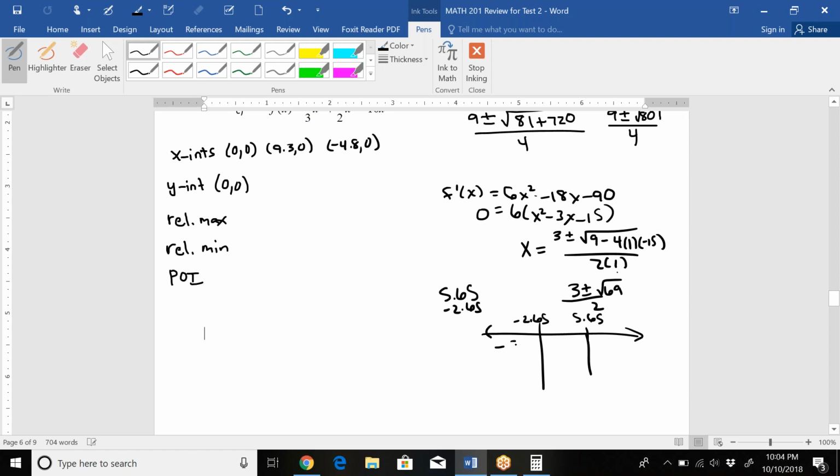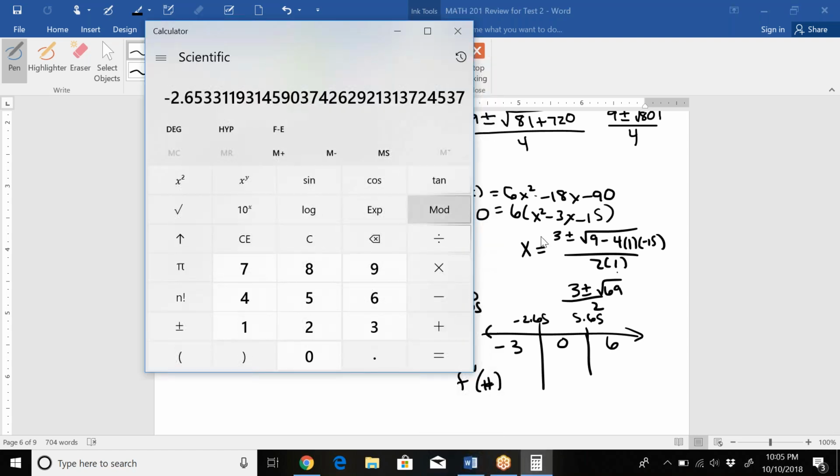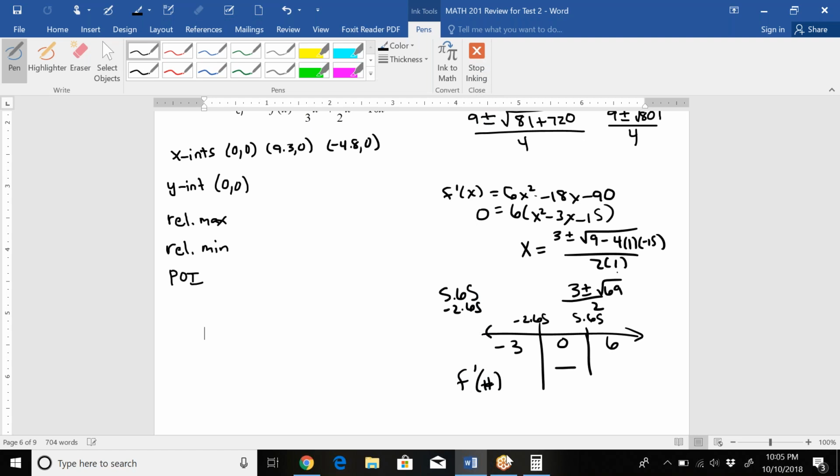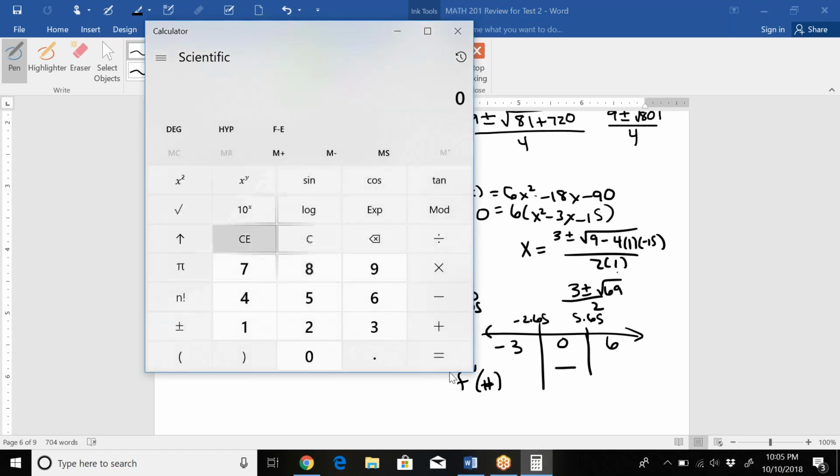Okay, so this is, again, negative 3, 0, and 6. Plug it into the first derivative, and I might as well just show my work on those. 0 is going to be easy. 0 is negative because it's just going to be negative 90. If we plug in negative 3, that's going to be 9 times 6 plus 18 times 3, because that would turn positive, minus 90.